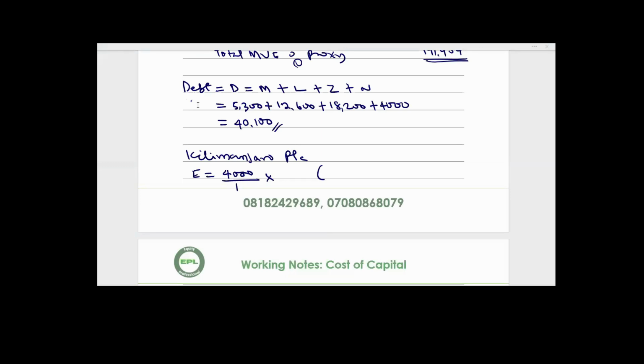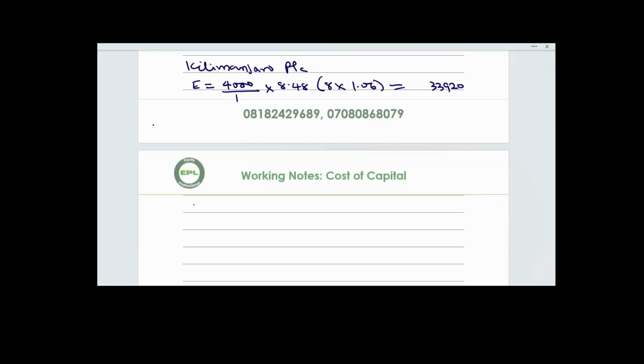Earnings per share is 1.06. So here is 8 multiplied by 1.06 equal to 8.48. So 8.48 multiplied by 4,000, number of shares, that's 33,920. So what's the value of debt?